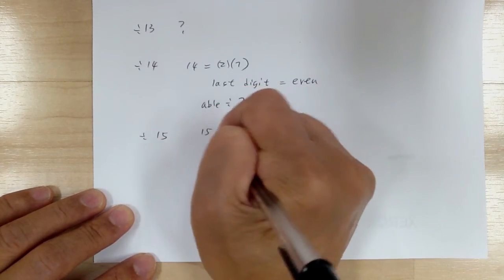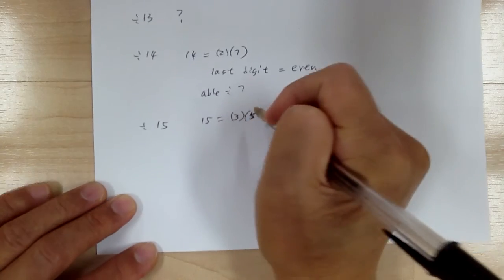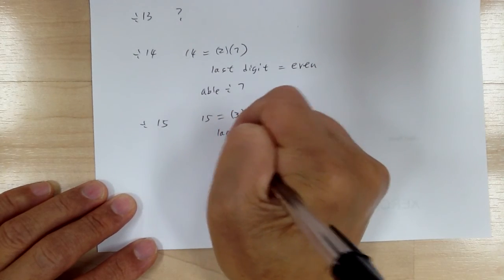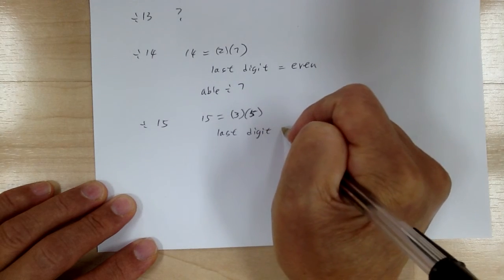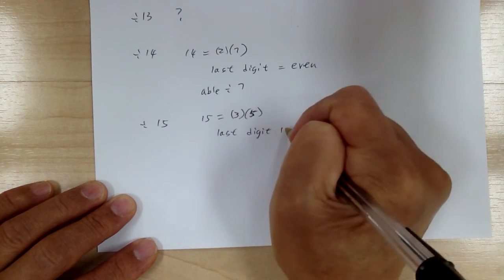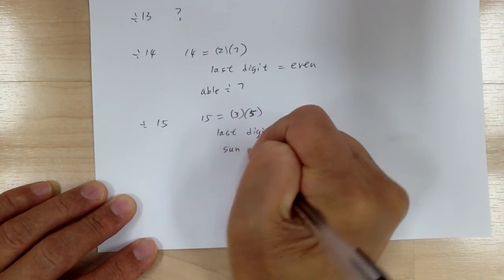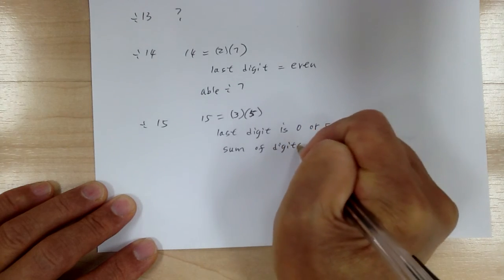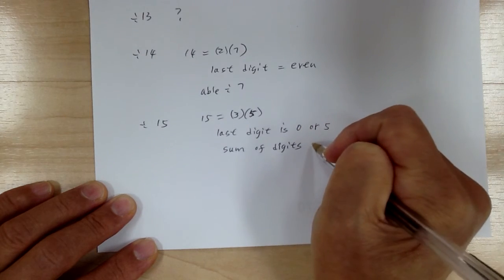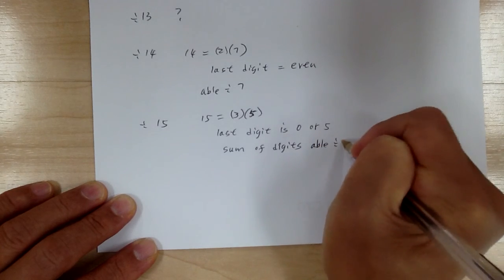Okay, so 15 is equal to 3 times 5. That means the last digit is either 0 or 5, and the sum of the digits is able to divide by 3.